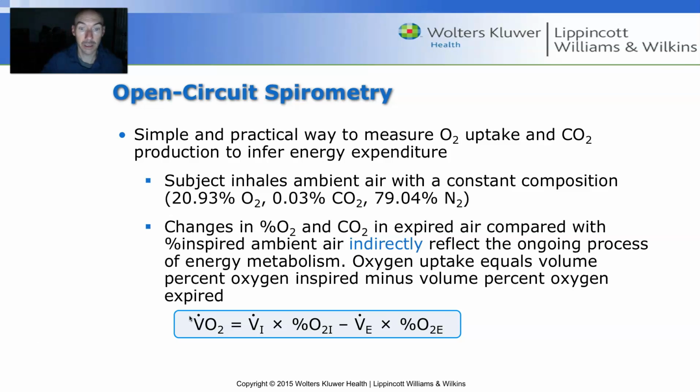Oxygen consumption is a function of the volume of inspired air at a known percentage of oxygen minus the volume of expired air times the known percentage of oxygen, right? So we know how much is coming in, we're measuring how much is coming out. So the difference between those two things is how much we're consuming, and oxygen consumption is then used to predict energy expenditure.